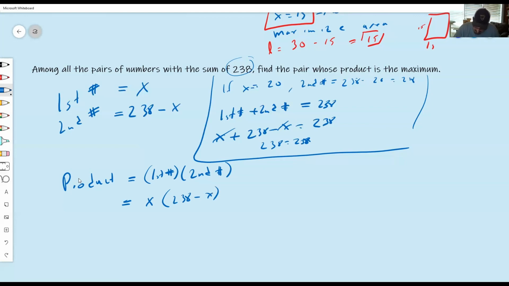And I'll just call it a p here for product. And because it's all depending on x, I'm going to call it p of x. And you multiply this out, 238x minus x squared. Or p of x equals minus x squared plus 238x.